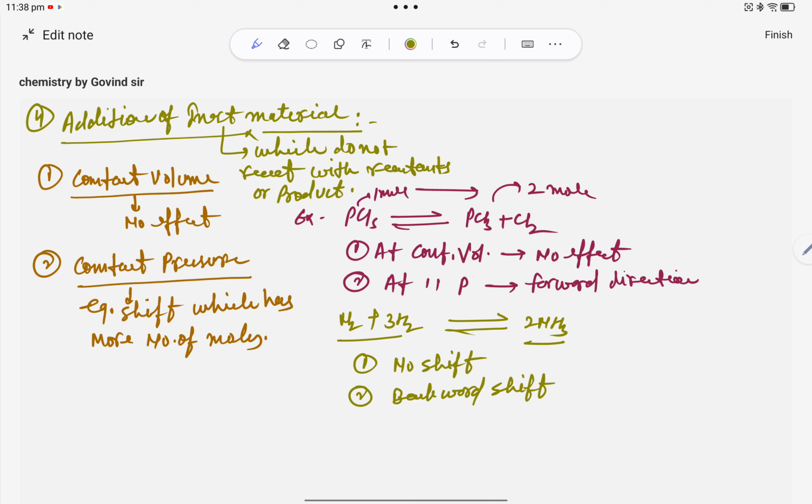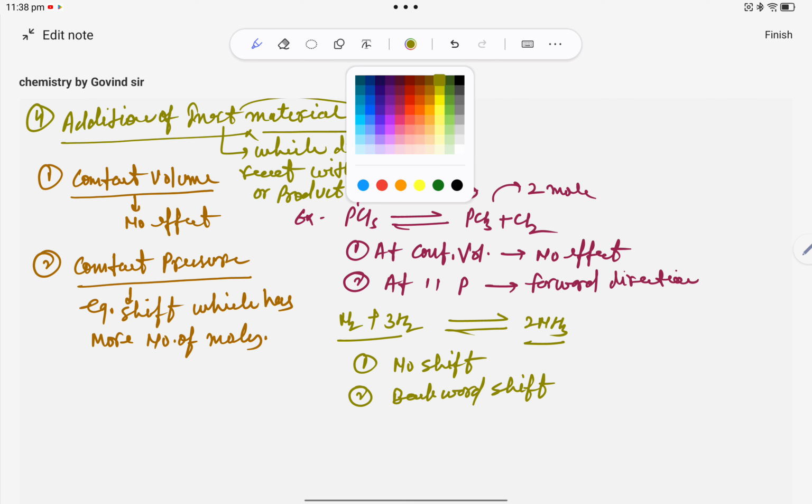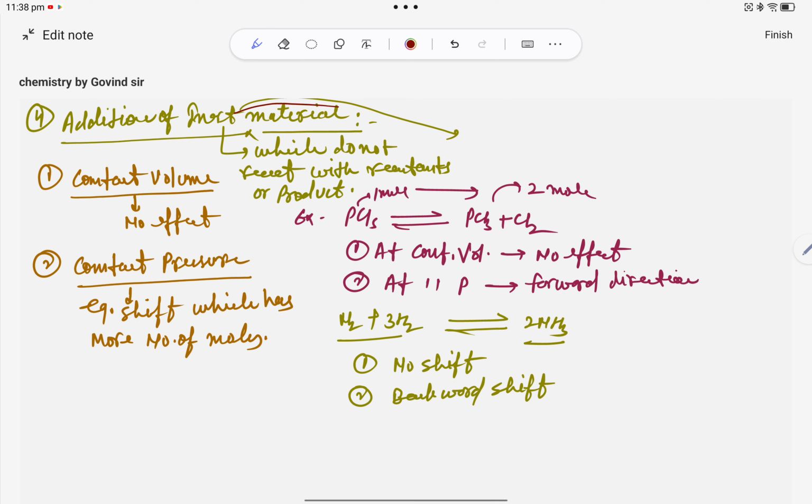What is the concept behind it, children? If you are adding inert material, then what happens?